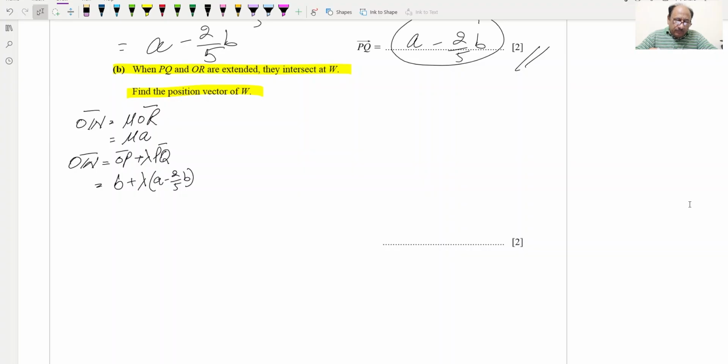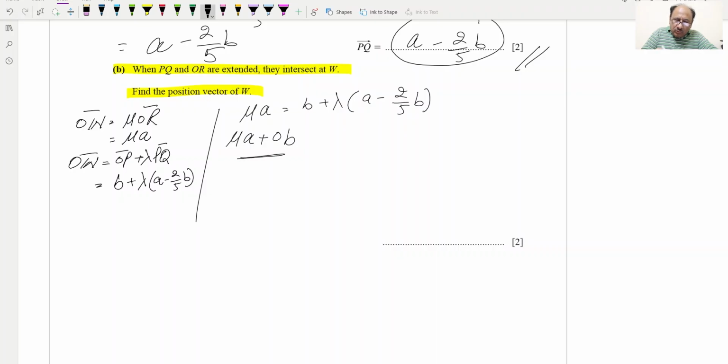And now we can basically equalize the equations. Both sides are equal, so we will equalize the equations. So we can write mu A is equal to B plus lambda into A minus 2 by 5B. Now we will open this bracket and we will write mu A plus 0B, because this side is not having B and we have to compare B also.